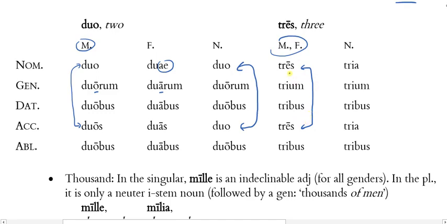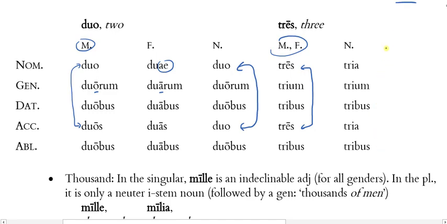All right, so let's just read these. You can repeat after me. Tres, trium, tribus, tres, tribus. And then for the neuter, tria, trium, tribus, tria, tribus. All right.